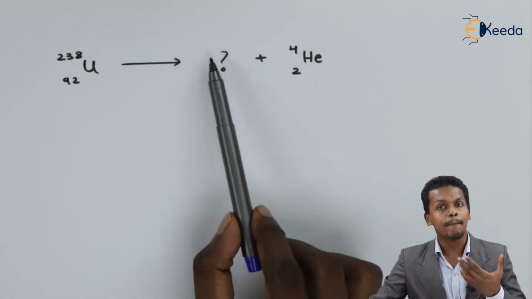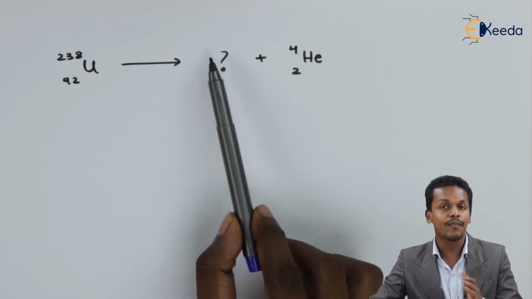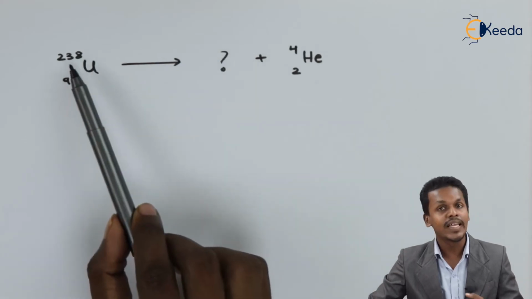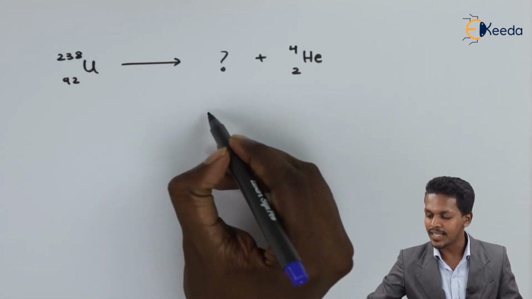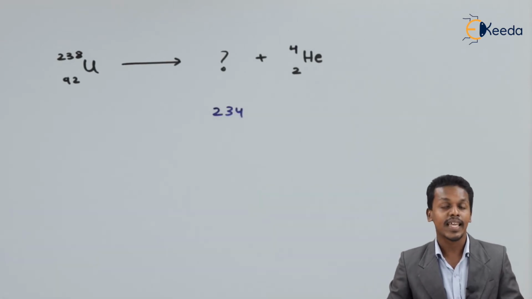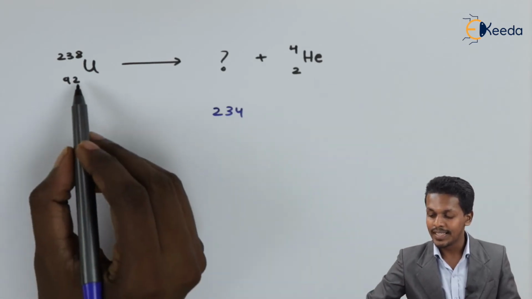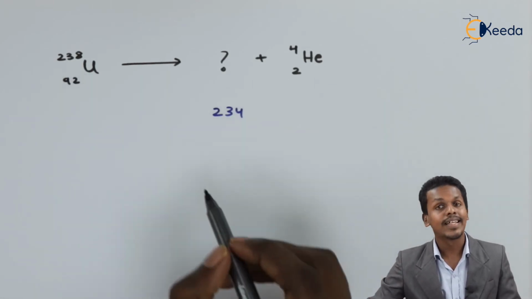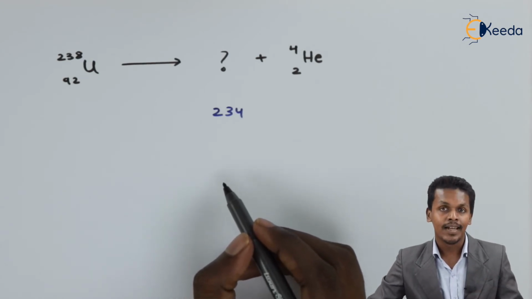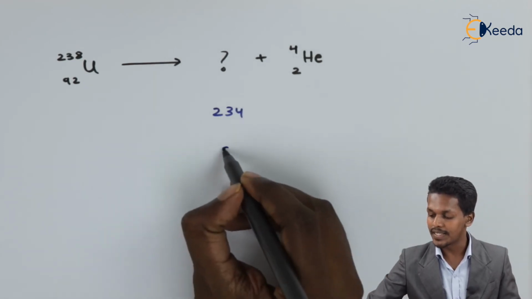The atomic mass number of the product will be 4 AMU, or 4 unified mass units, less than the previous one. So this one would have 234 AMU of atomic mass, while the atomic number will be 90, because 2 protons are eliminated in this process. That's the reason the atomic number is 90.